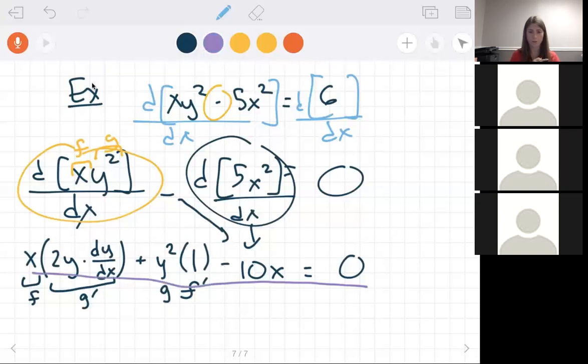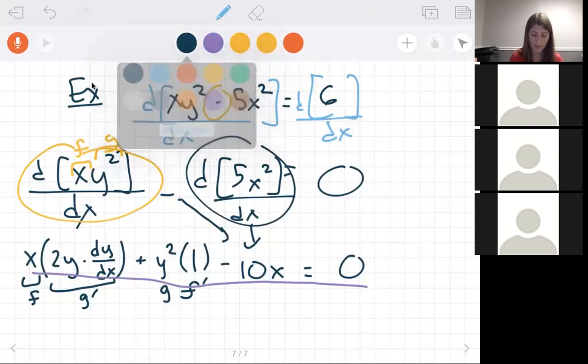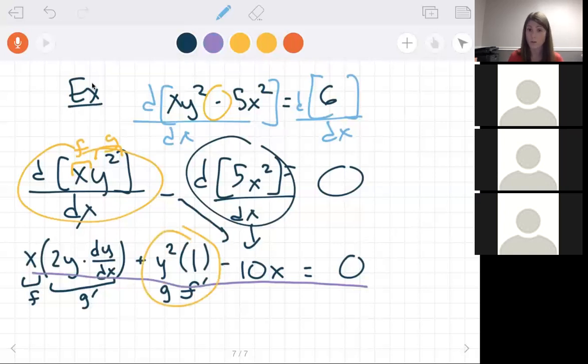Now, one thing to note, which gets asked quite a bit, is do we need a dy dx on the y squared times 1 term? The answer to that is no, because in the product rule, we do our second function, which is y squared. There's no dy as part of the original function.